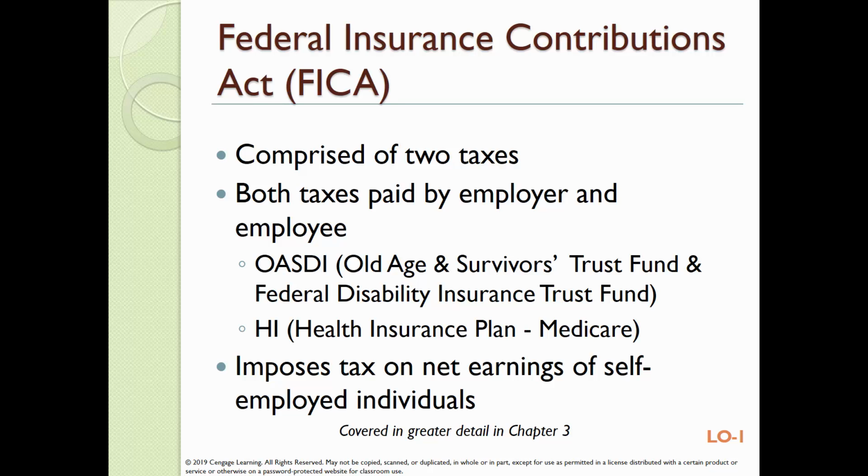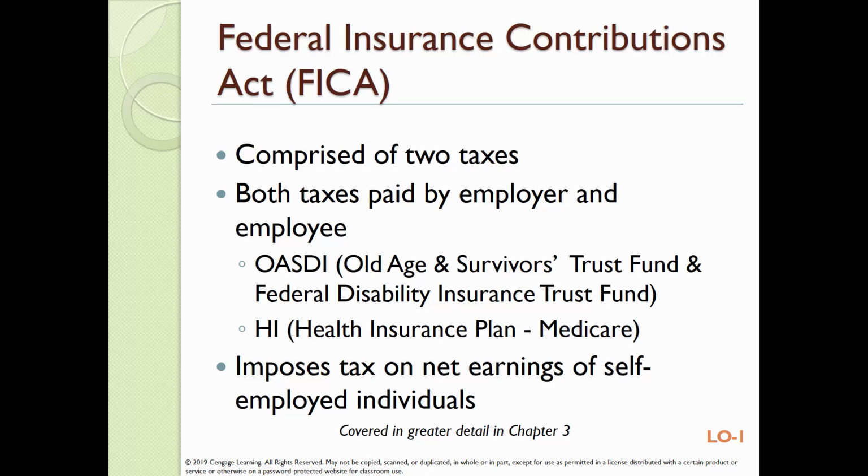But what's interesting about it is it's also matched by your employer. So next time you get a paycheck, if you made 200 bucks, you should have $12.40 taken out of it. Right? 6.2% of your gross wages.